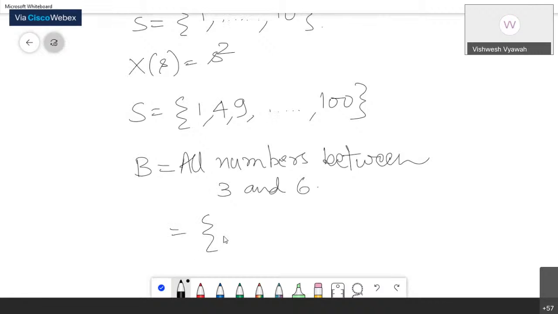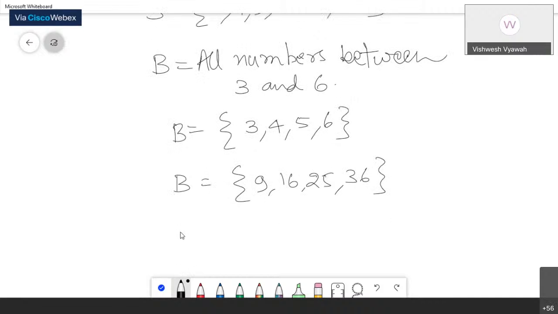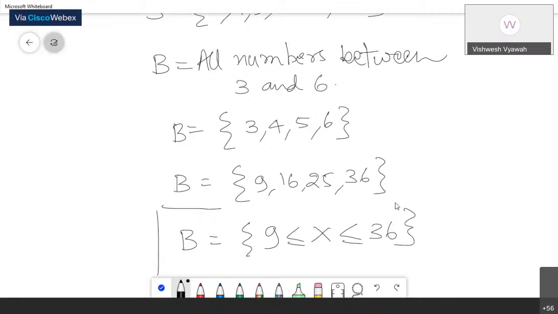So in case of the original sample space, including 3 and 6, it will be 3, 4, 5 and 6. In terms of random variables, this will be 9, 16, 25 and 36. Now I can also write this B as 9 less than or equal to x less than or equal to 36. This is how I am going to define this particular event.